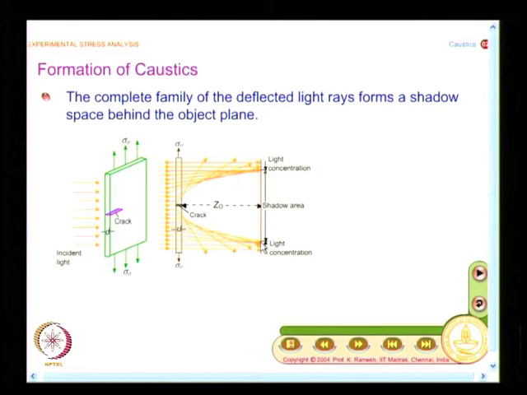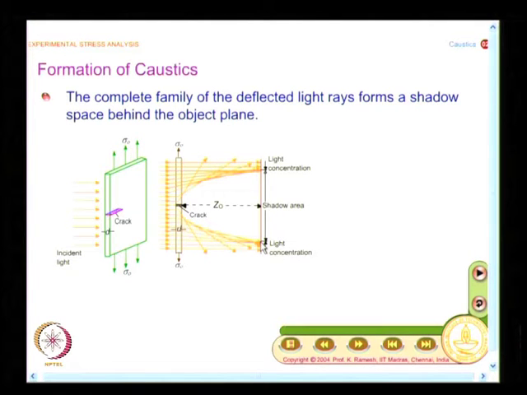So, many scientists have contributed to development of each of the techniques. If you look at strain gauges, if you look at holography, these are all not developed by a single individual. Someone identifies the physics behind it and the idea is initiated, then people carry on and many scientists contribute to it.